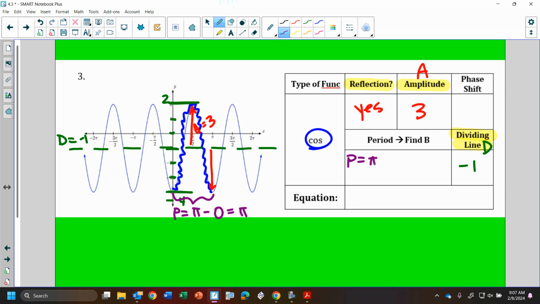So, if the period is pi, now you have to find the b value. What's the formula you're going to use? 2 pi over b. And plug your period in on this side of the equation.